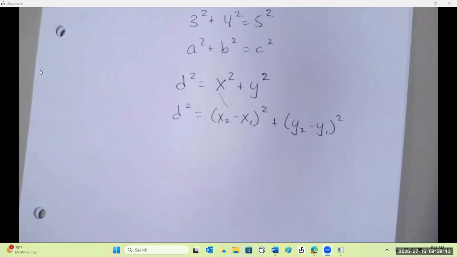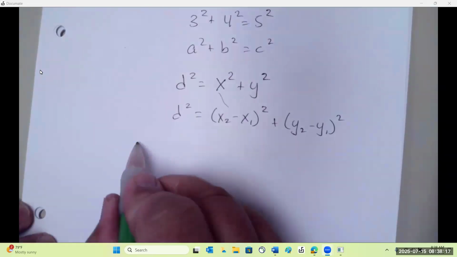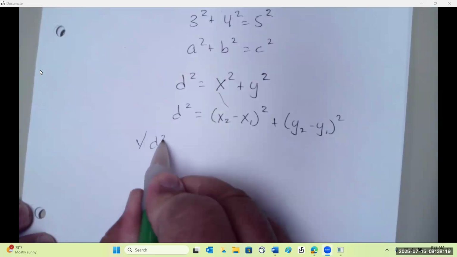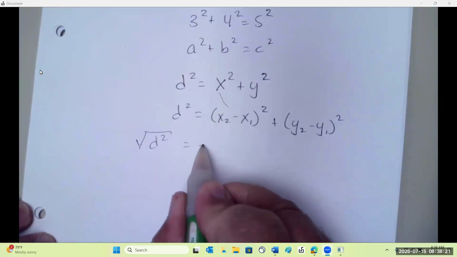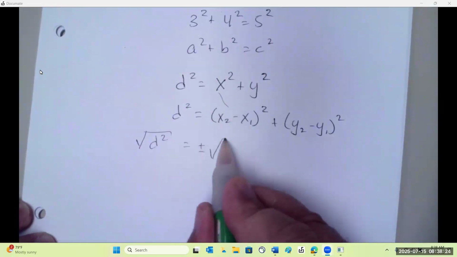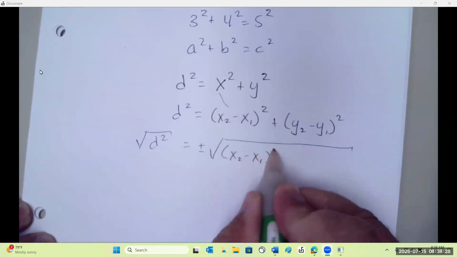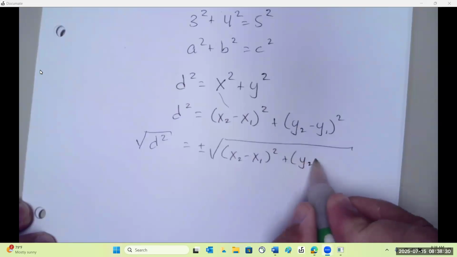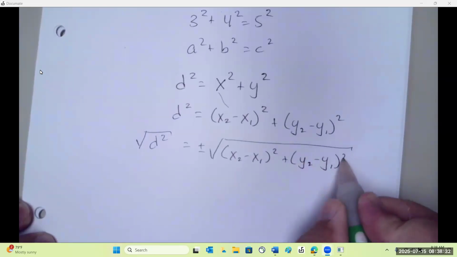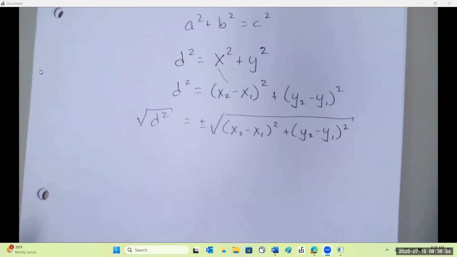We're not done yet. We have to get distance by itself, so we have to square root both sides. Now let's clean this up.